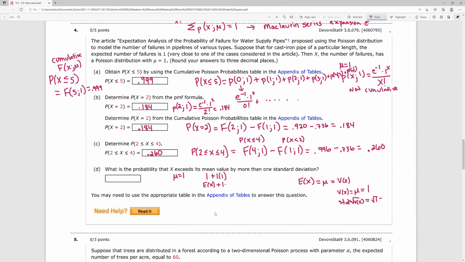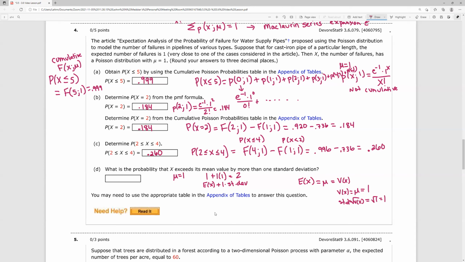That may not be true for every single one, so be careful there. If my mu had been 2, then it would have been square root of 2. So I would have had a square root of 2 here. But because it was 1, this for our mu, it essentially is still itself. So we want to have standard deviation here, which is why, because of that being square root of 1, it's still 1.